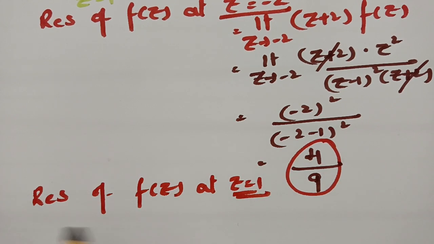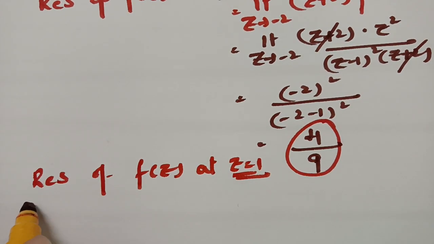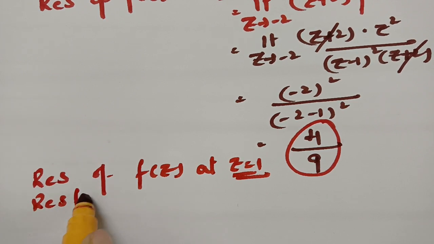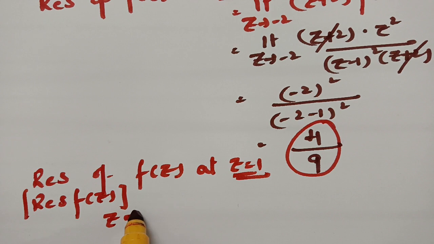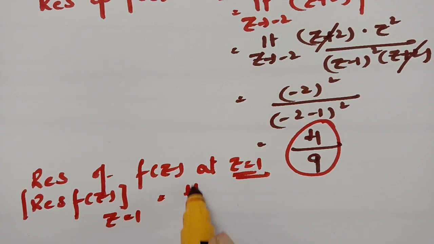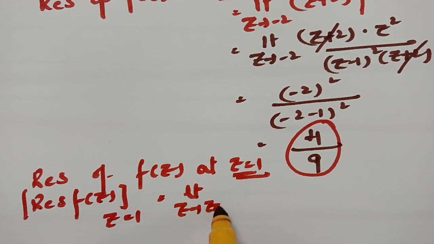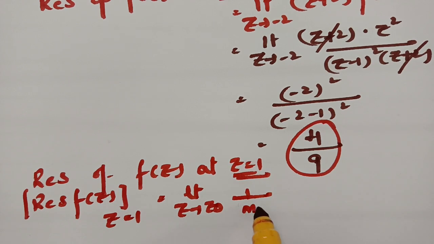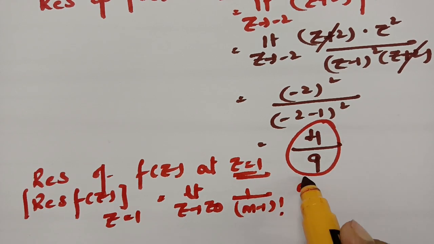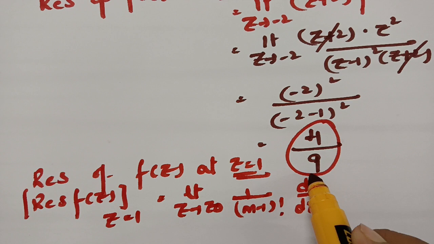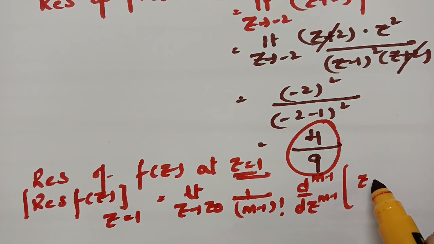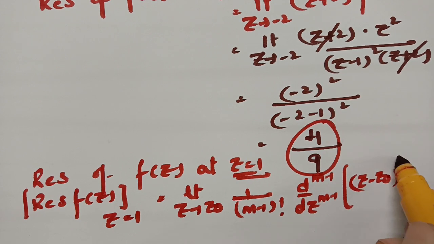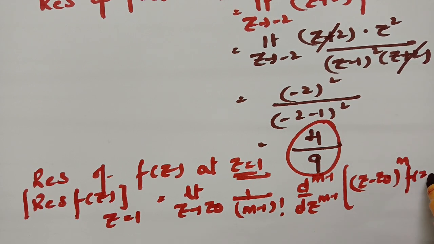Now I am going to use the formula: the residue of f(z) at z = z₀ is the limit as z tends to z₀ of 1/(m-1)! times d^(m-1)/dz^(m-1) of (z-z₀)^m f(z).